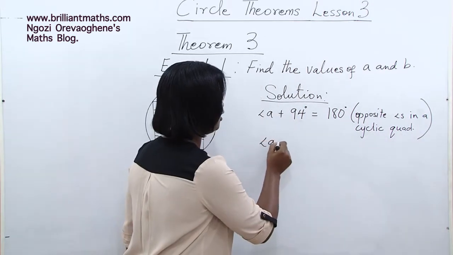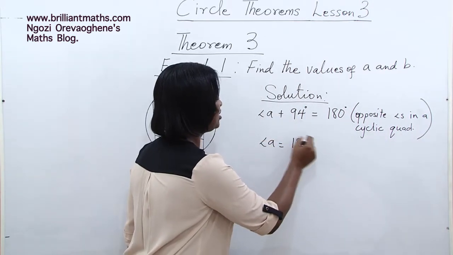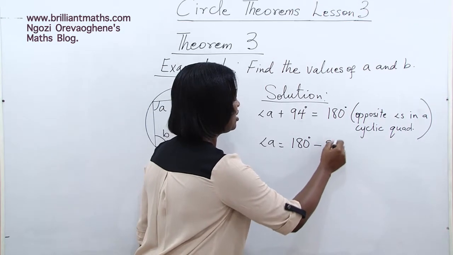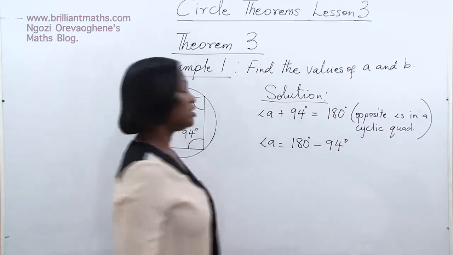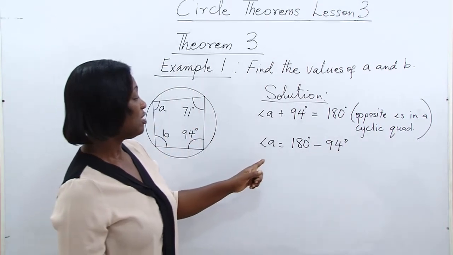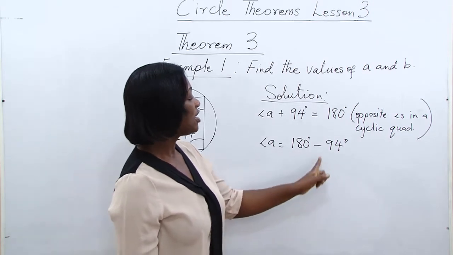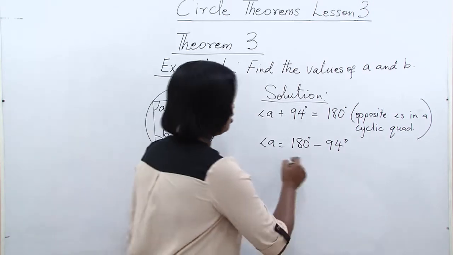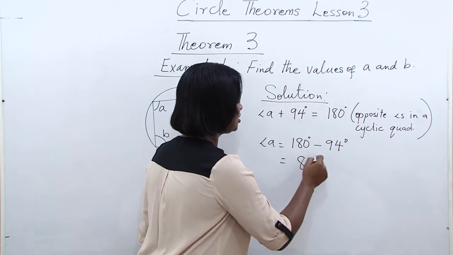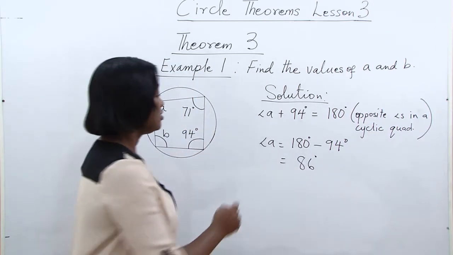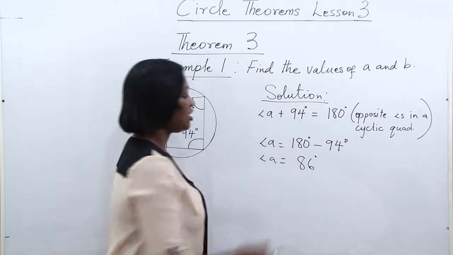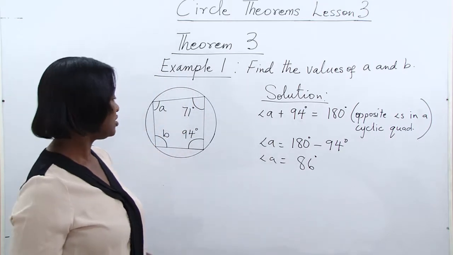Angle A is equal to 180 degrees take away 94 degrees. 180 minus 94 is equal to 86 degrees. So angle A is equal to 86 degrees.